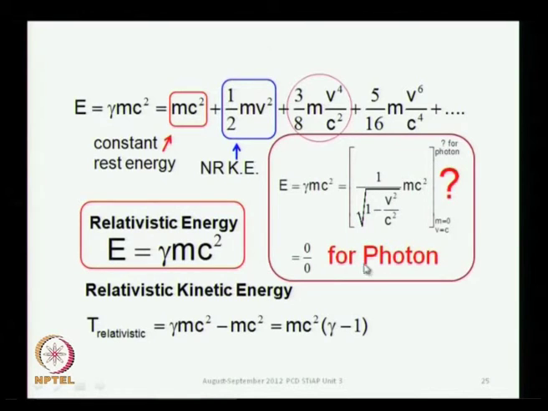That would make it impossible to define energy for a photon, but the photon has energy, you know it. In fact, you and I live because we get this energy from the light we get from the sun, right. So, photon has energy, and this expression would give you 0 over 0, which is indeterminate.